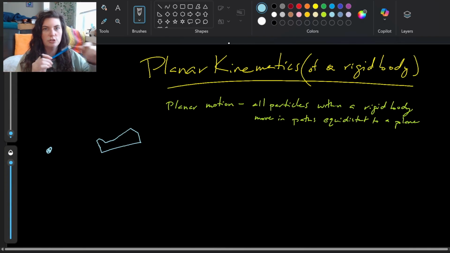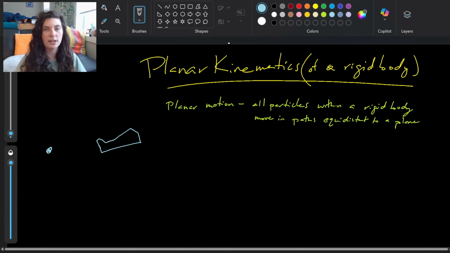It's not going to bend or twist or do any deformation like that. Instead, we're just going to assume it's a rigid body, and we're going to see how the body itself moves, starting with our kinematics. So in this video, we'll introduce our kinematics and a few of the different ways we see it before we move into those kinetic concepts.